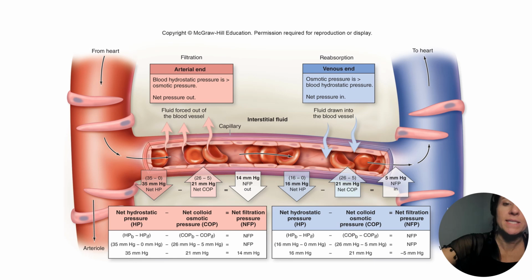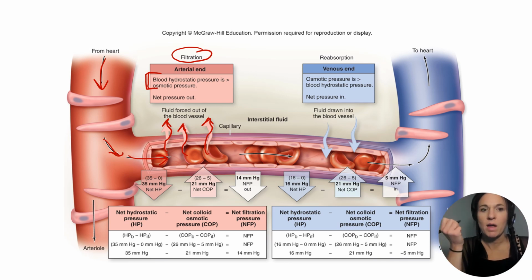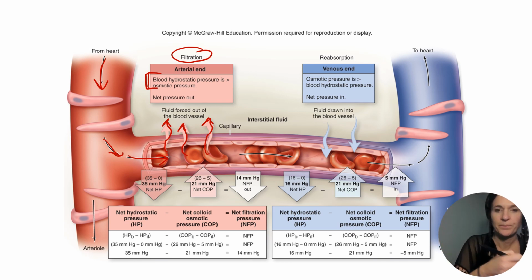So here we can see the same thing. We have our arterial end and our venous end, and we can see the flow of blood, and as it travels through, we're going to have filtration because the blood hydrostatic pressure is greater than the colloid osmotic pressure. And as we lose some of that fluid, the net hydrostatic pressure is going to decrease.